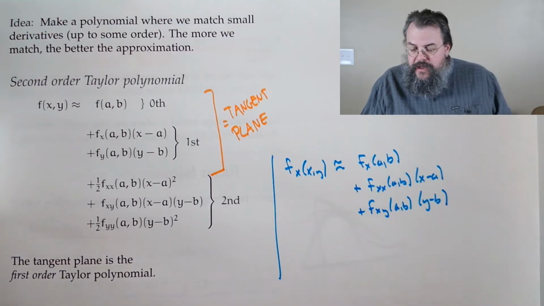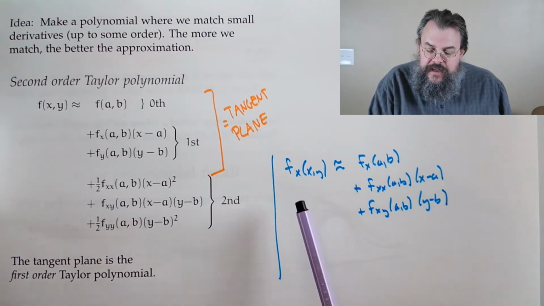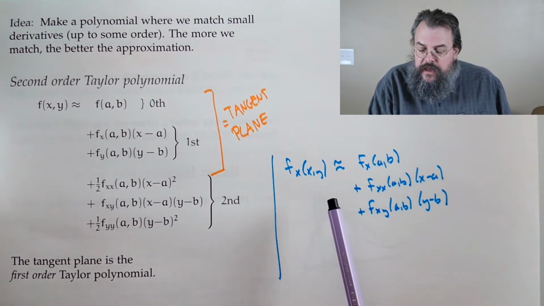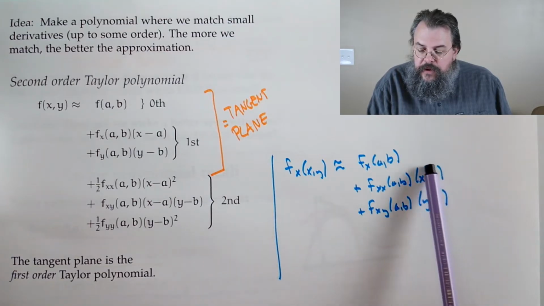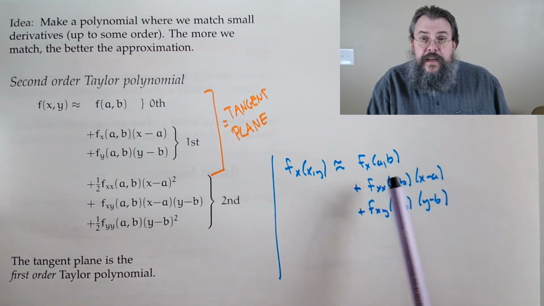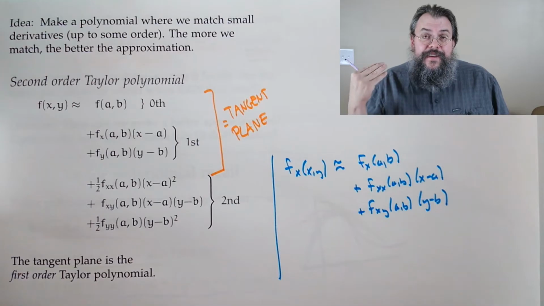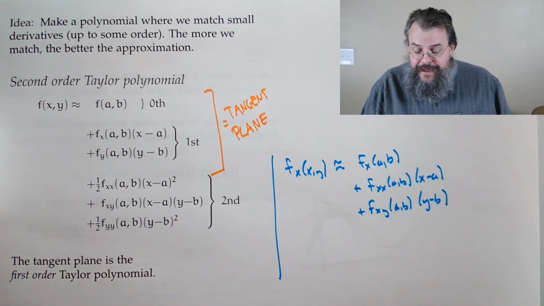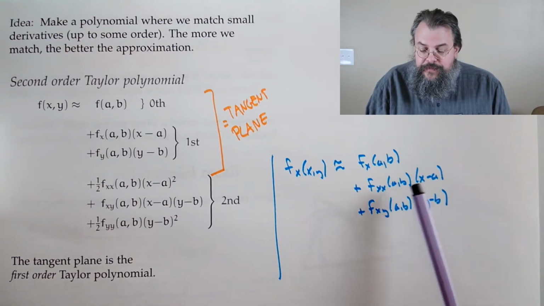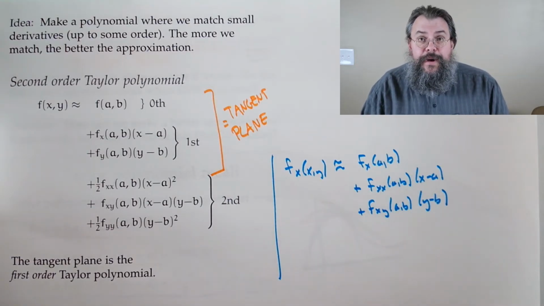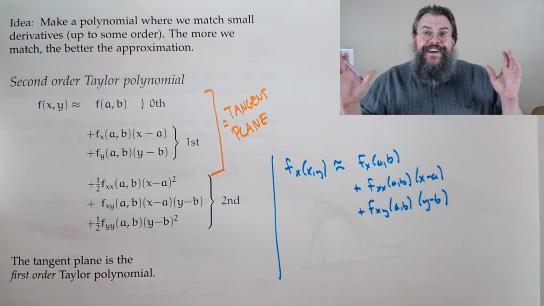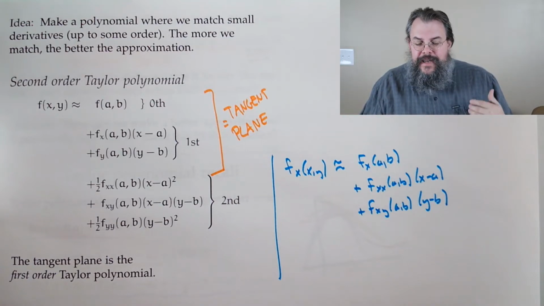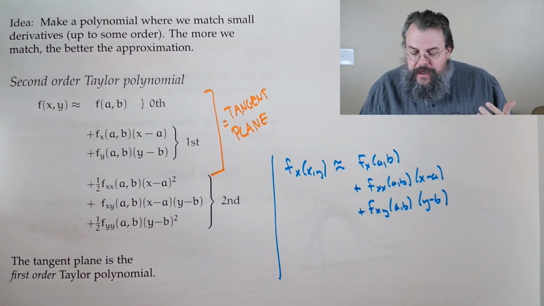Now, we could imagine doing two things. If we took the derivative with respect to x now, we can see the only term left would be this f_xx at a, b. So we'd have the f_xx at a, b matching. If we took the derivative with respect to y, the only thing left would be this term. So the f_xy term would match as well. It's all matching. And so that's what we have.